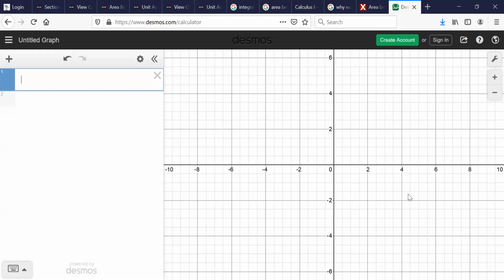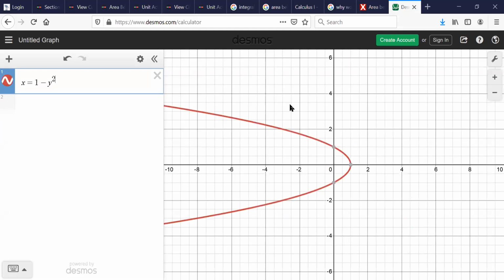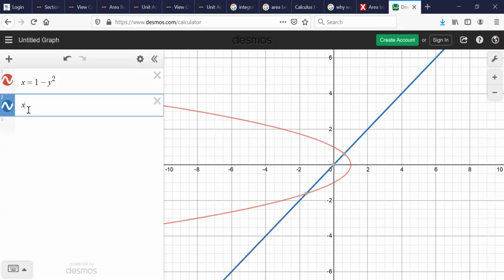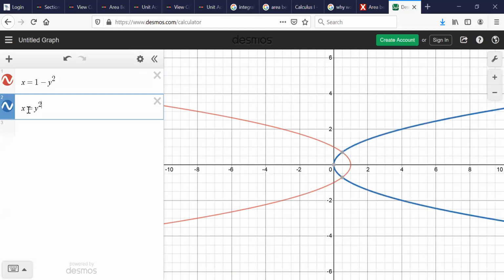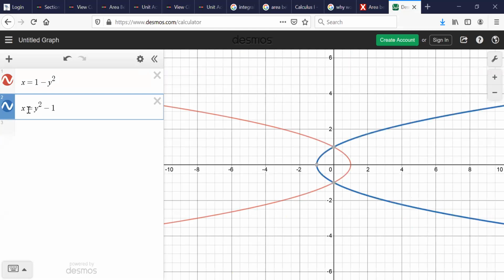So I'm here in Desmos, and I know that it was x is equal to 1 minus y to the second power. And there's that graph. And then I'm going to come down here and put x is equal to y to the second power minus 1.